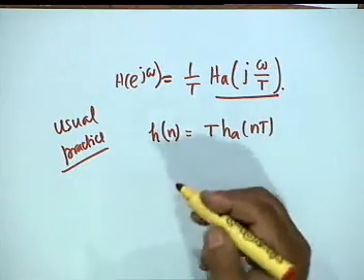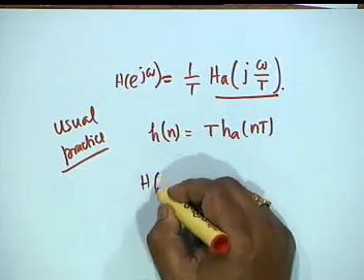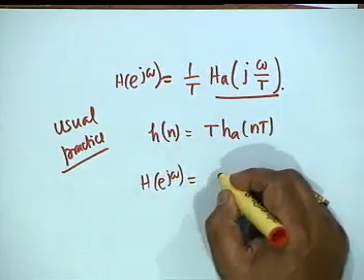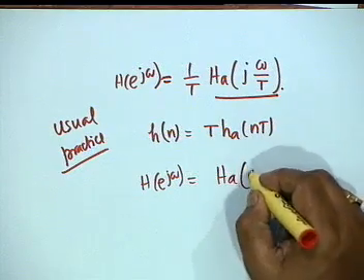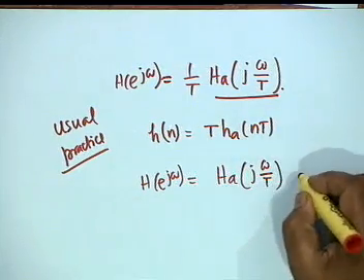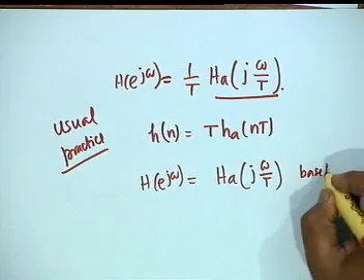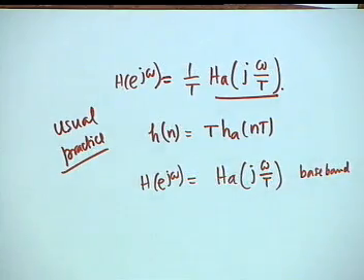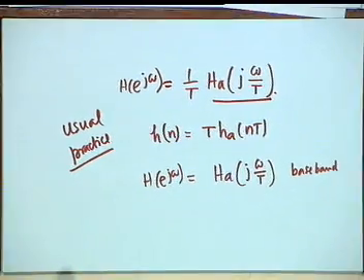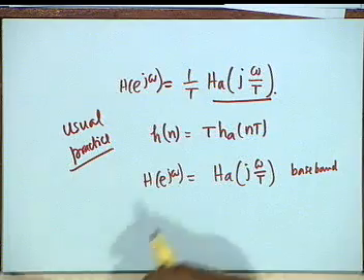If I do that, then h of e to the j omega shall be equal to h a of j omega by t in the baseband, and there shall be no problem of overflow. Agreed? So the step is, you take the analog filter, obtain its impulse response, sample the impulse response, then multiply by capital T, and then take the Z transform.